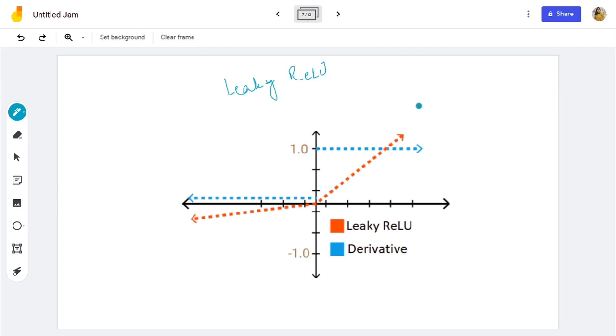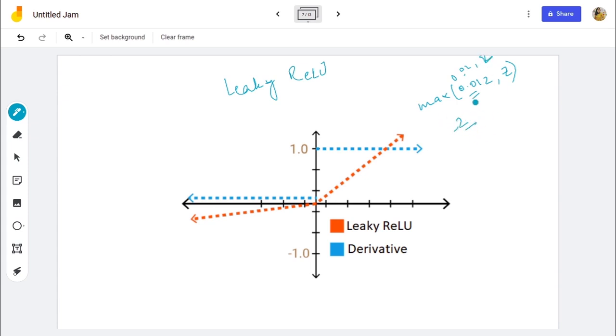So what is the function of leaky ReLU? It is max of 0.01z, z. So instead of 0, you multiply with a very small number and you get some output. Suppose you have 2. Here you get the maximum of 0.01 into 2, that is 0.02, comma 2, so you get the output 2.